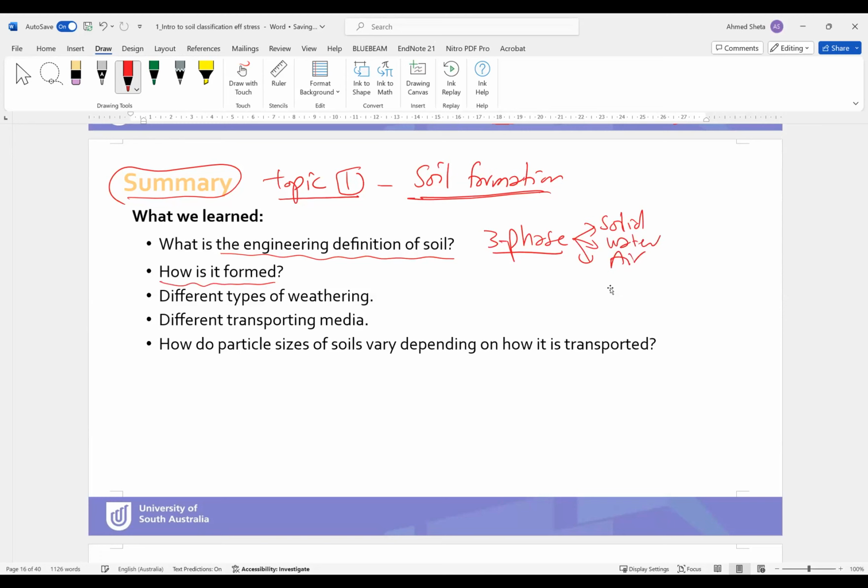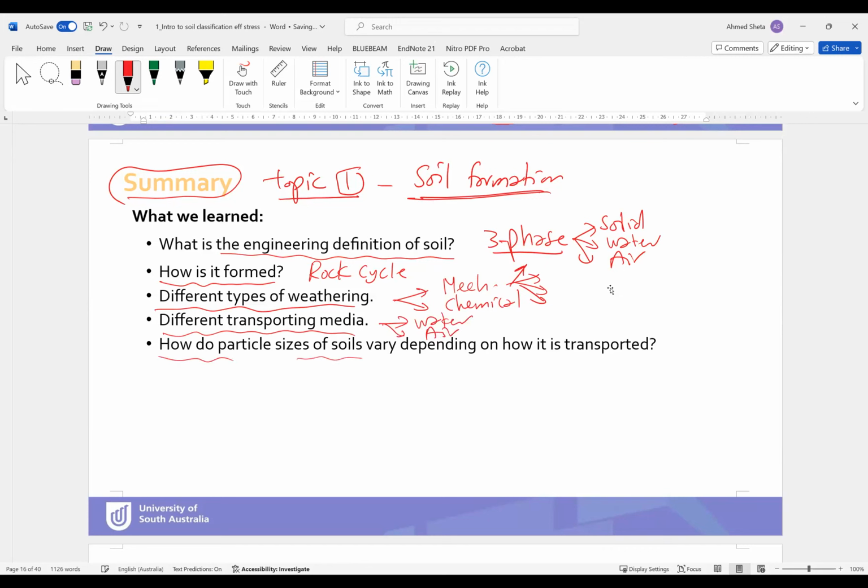How the soil is formed from the rock cycle. Different types of weathering. We have two types of weathering, mechanical and chemical, and under mechanical, we have various types. Different transportation media of soil. We have water, air, and so on.